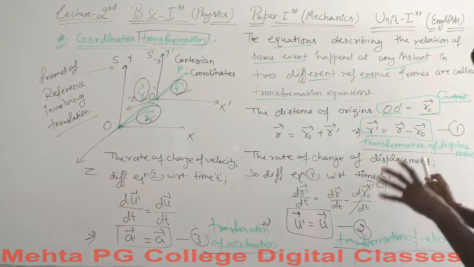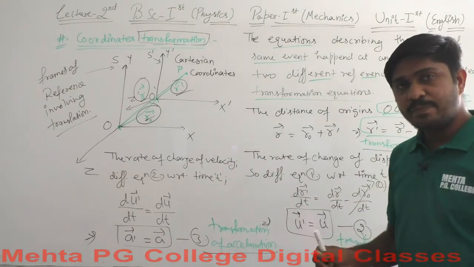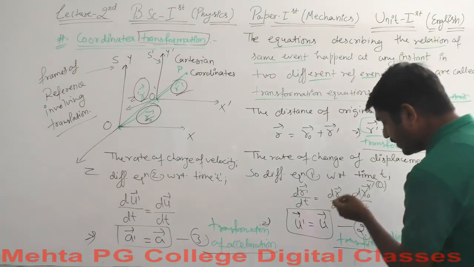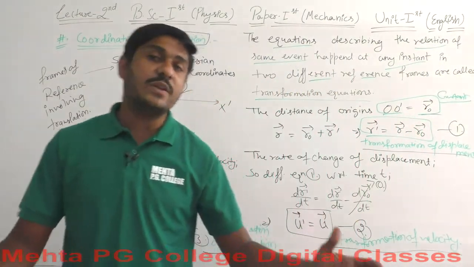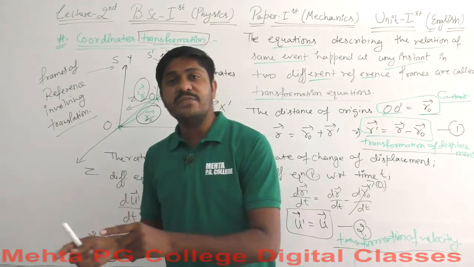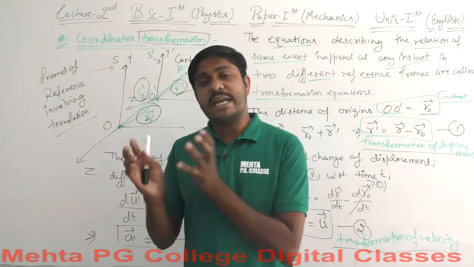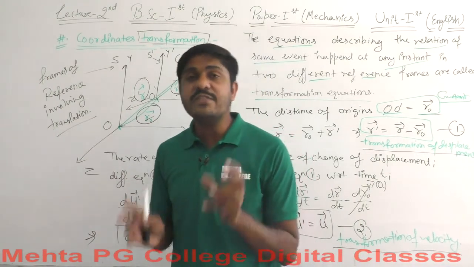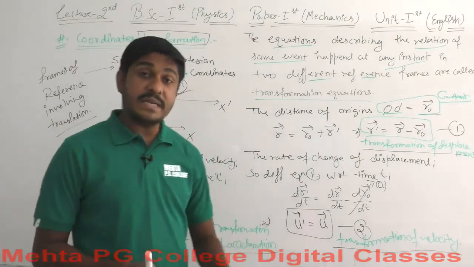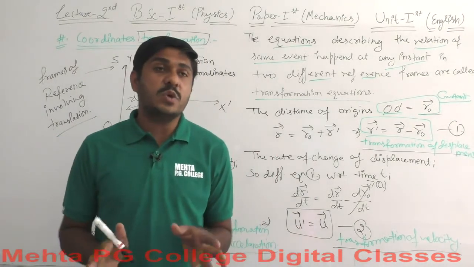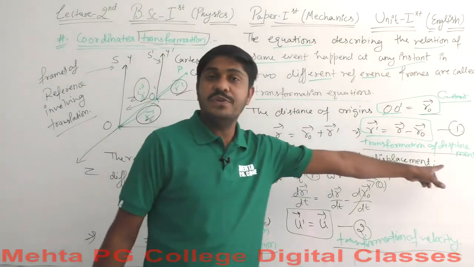The secondary frame and the primary frame have the same values for the transformation of acceleration and velocity, but the values may vary for the transformation of displacement.